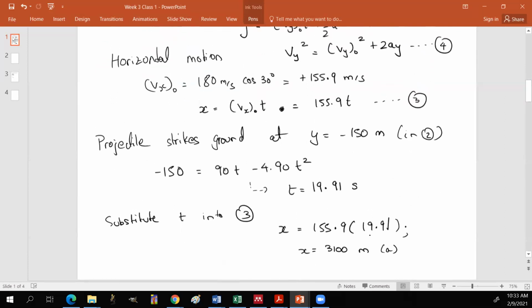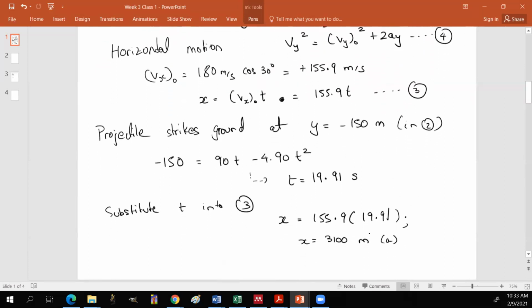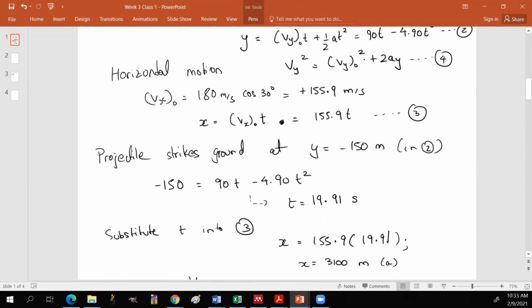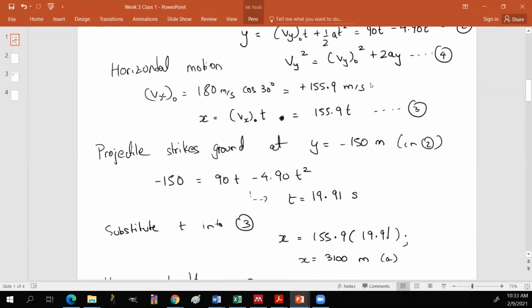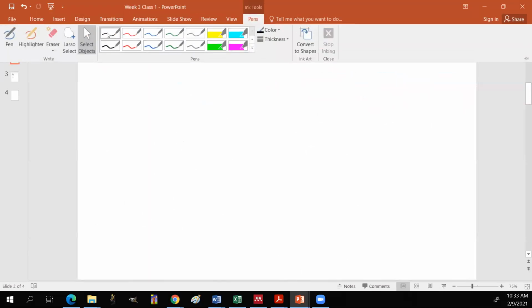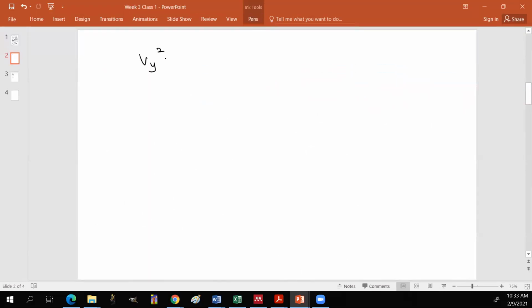So, writing that expression out. At max height, Vy is equal to 0. So Vy squared is equal to V naught Y, which was how much? 90, right?